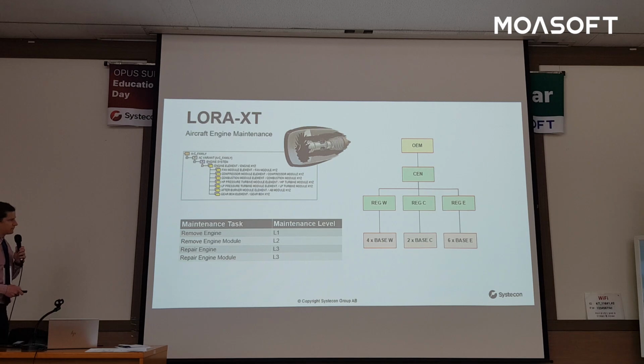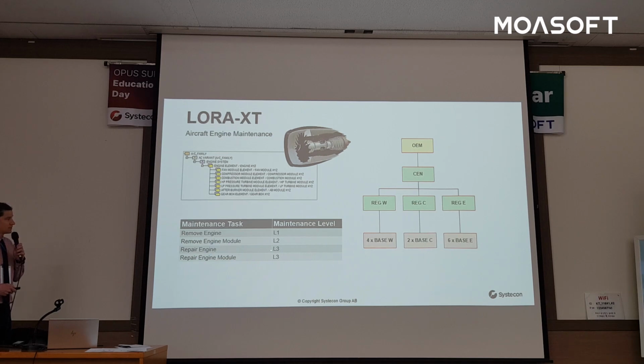And you remember also that we were talking about maintenance capabilities, maintenance levels, like the I level, B level, O level, and so on. So here we name the levels from 1 to 3. The first level is removing the engine from the helicopter. The second one is to remove the modules, like the sub-items, from the engine.